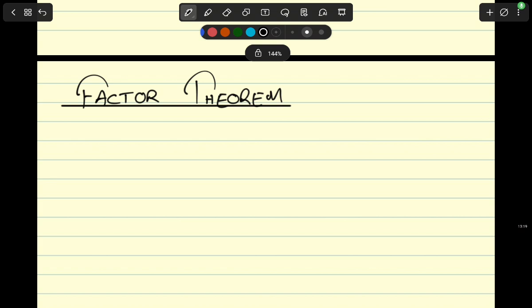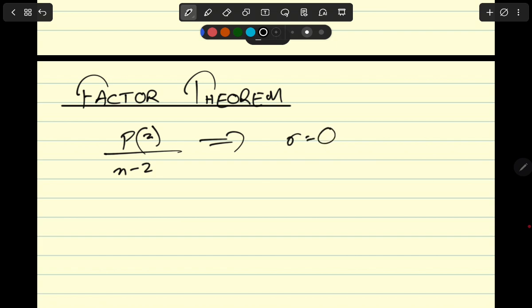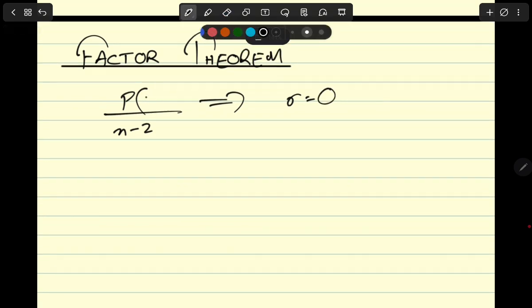Now let's take the remainder theorem one step further. Suppose that when you are dividing p of x by x minus 2, it produces a remainder of 0. Excuse me for my writing, it's pretty bad, I know. Now, what does this mean? This means that p of 2 is going to be equal to 0.